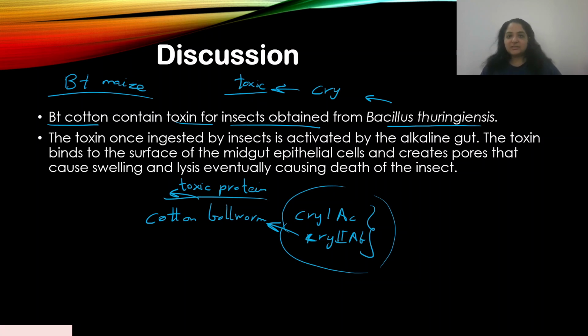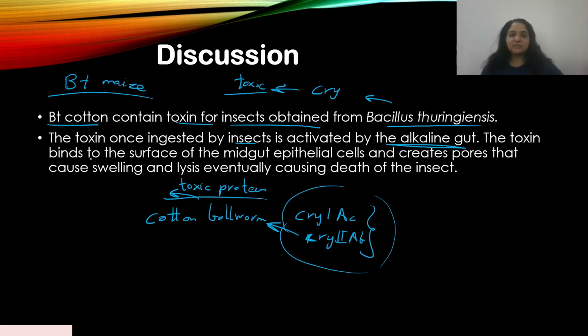Now, how does it kill the insect? The toxin, once ingested by the insect, is activated by the alkaline gut. The gene encodes for that protein, and the toxic protein does not destroy the plant or the bacteria that is producing it. So it's a very unique type of protein. It goes into the insect gut, which is alkaline in nature, and there it converts into the activated form of the toxin, and that's how it kills the insect.